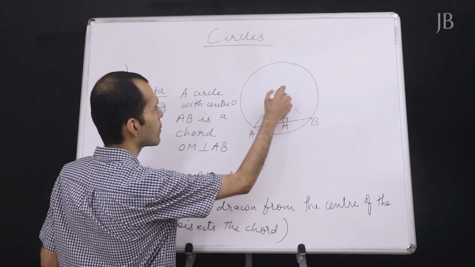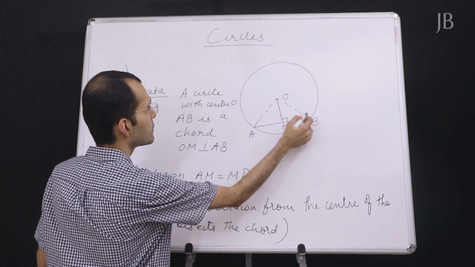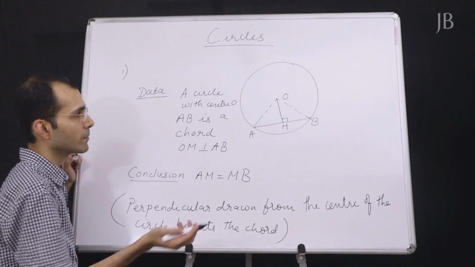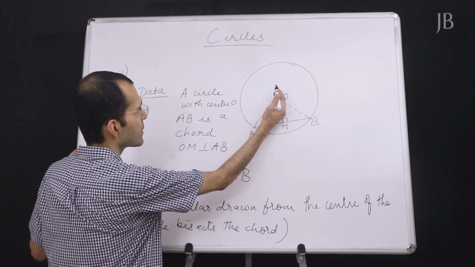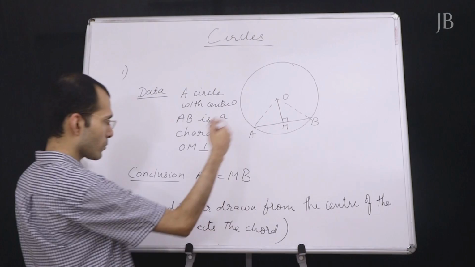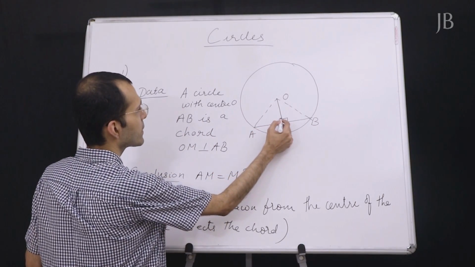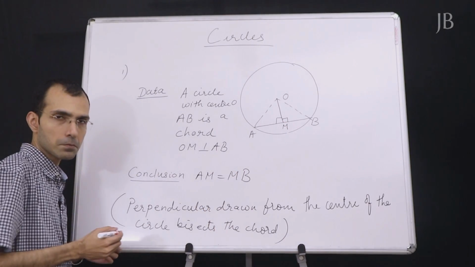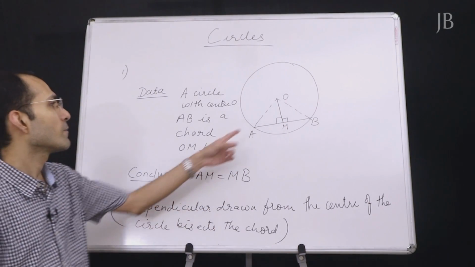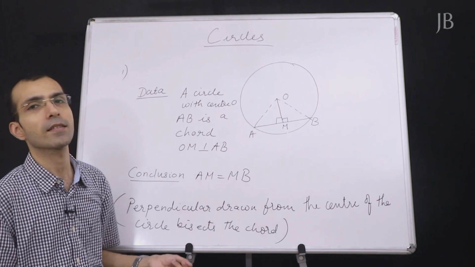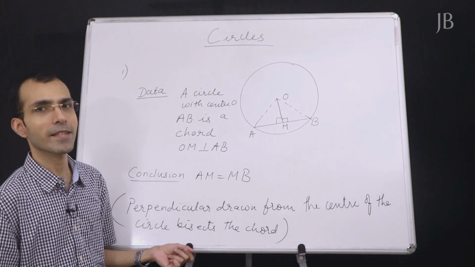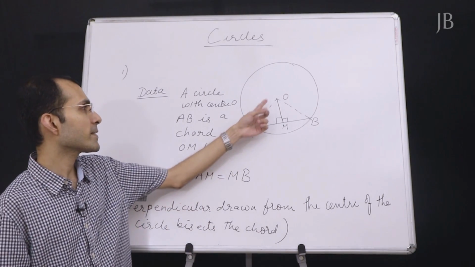We'll take it quickly. OA is equaling OB, radii of same circle. OM comes in this triangle, OM comes in that triangle also. So OM is equaling OM, common side. This is 90, this is also 90. So by which test will the two triangles be congruent? By RHS test. It is not by SSA test.